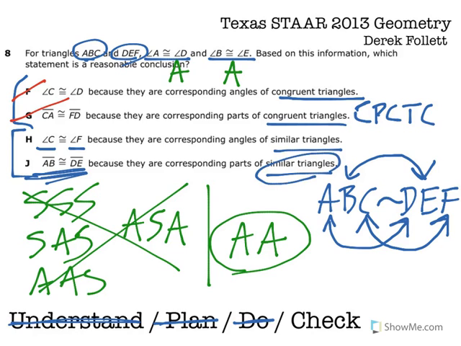But when you have similar triangles, you know that all the angles are congruent, but you don't know that the corresponding sides are congruent. The corresponding sides are just in proportion, not congruent. So I can eliminate J. So now I am certain that the correct answer is H. Okay, I hope that helps.